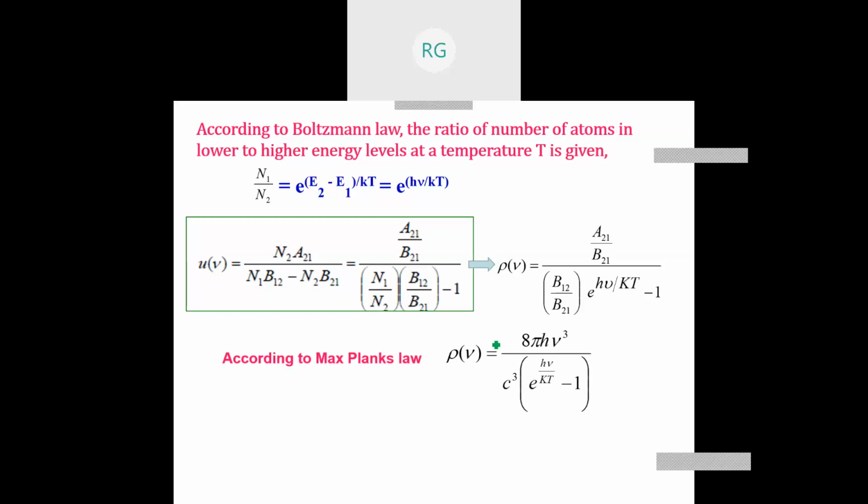Planck's law will give you the energy density, that means energy per unit lambda emitted by a black body.